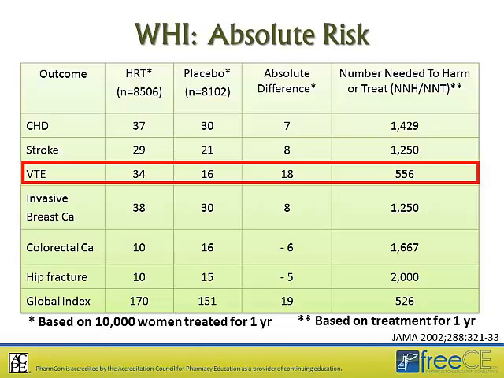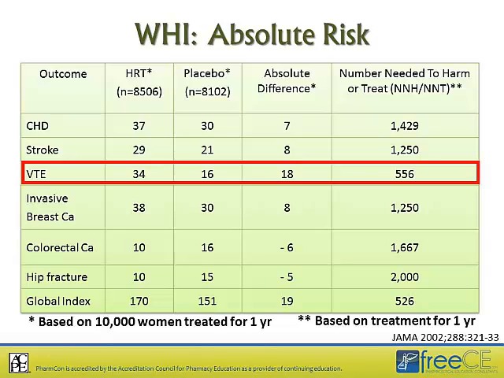When we look at this, we can see that out of 10,000 women treated for 1 year, 34 of them would have a VTE if they were taking hormone therapy. 16 of them would have a VTE if they were taking placebo, with an absolute difference of 18 between the groups.